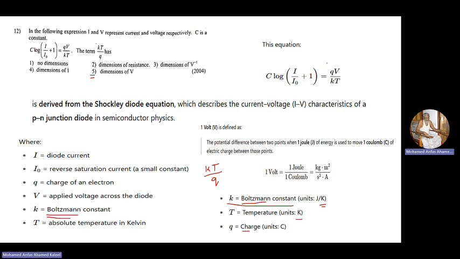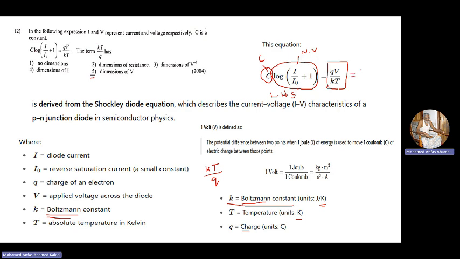Why is it dimensionless? Because this is a constant, and the logarithm of I over I naught plus 1 is a numerical value. So the LHS is dimensionless, and the qV over kT is also dimensionless.